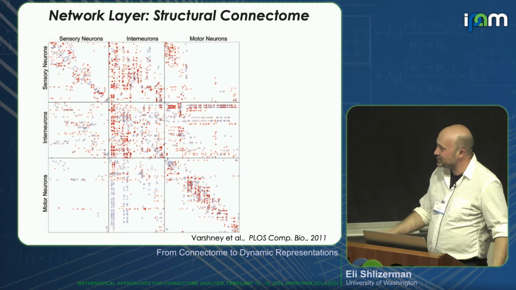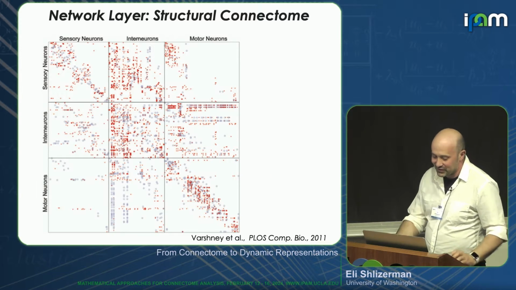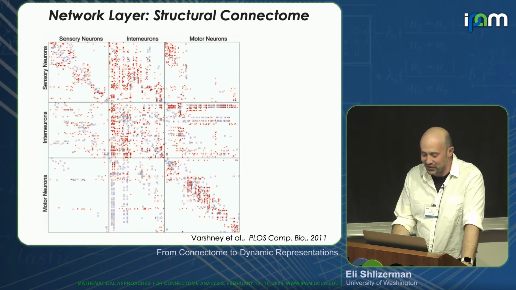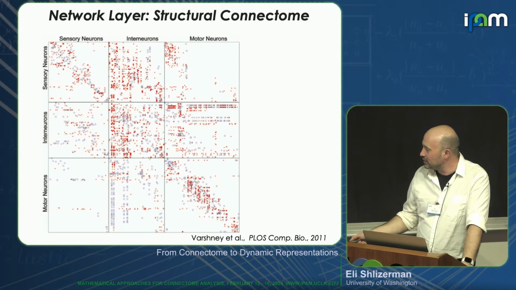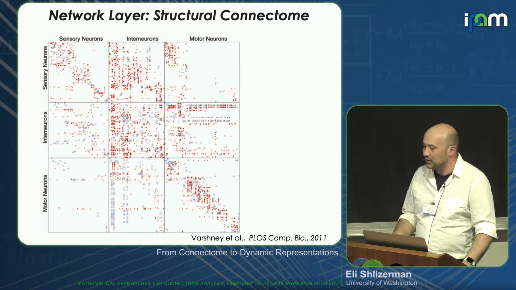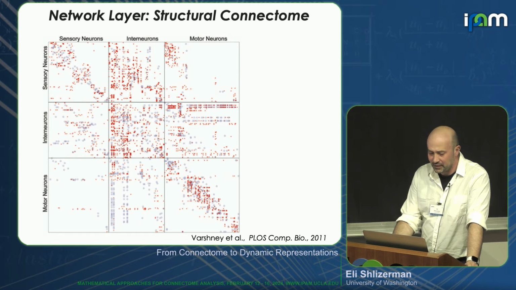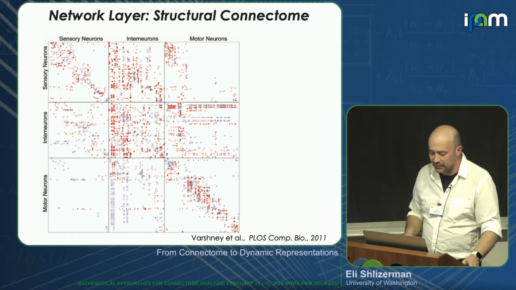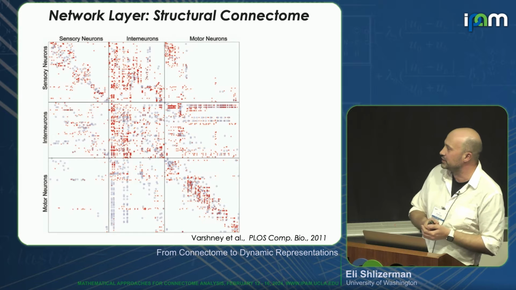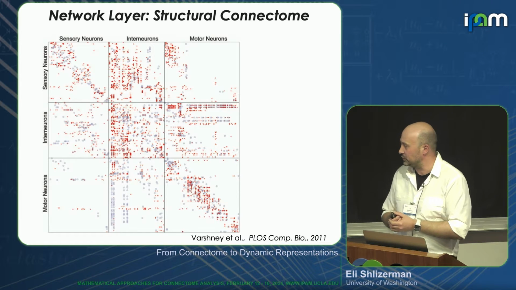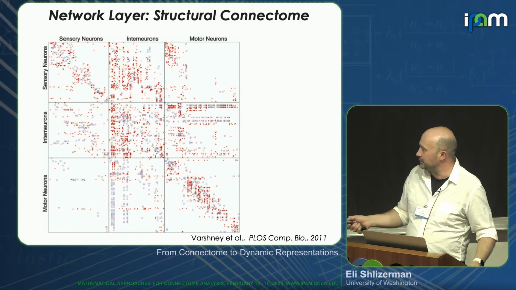Great. So this is a visualization of the connectome matrix, compiled by Varshney et al. from different experiments, organizing the connections into a matrix. The two colors you will see here are the different connection types.